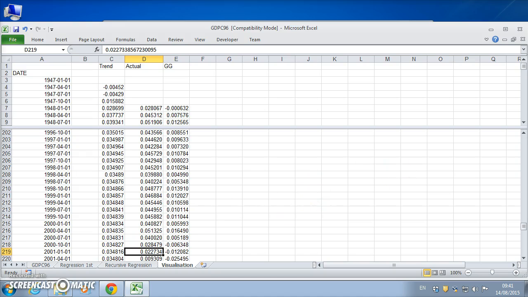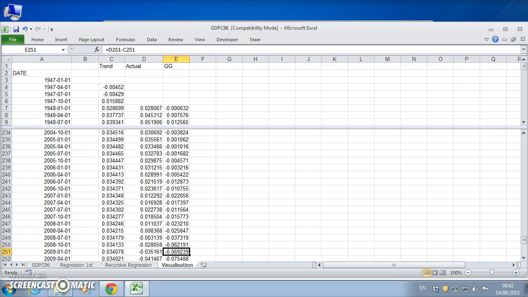So the actual GDP growth, 2001 low, 2002 relatively low, 2003, but then growth picked up very substantially in 2006, up to 3%, and then we had the financial crisis, and growth declined to 1%, and then growth became negative, and you can see that the growth gap would have been wildly negative.